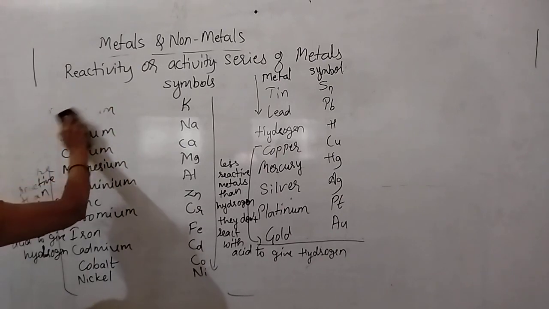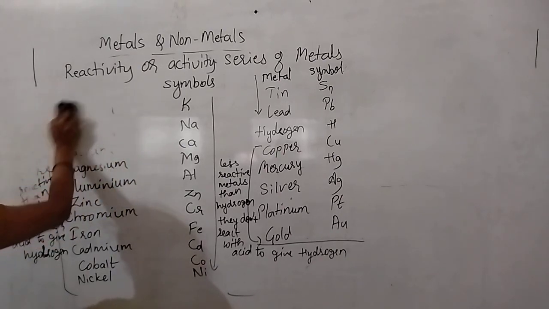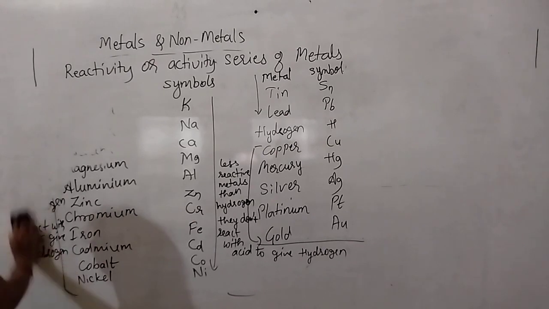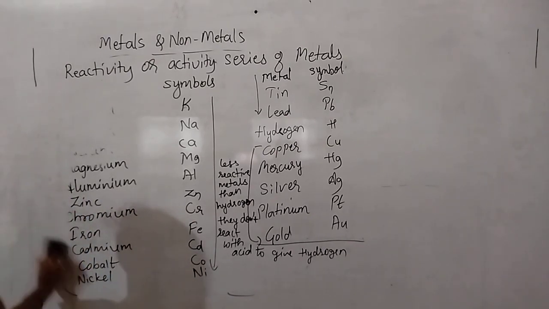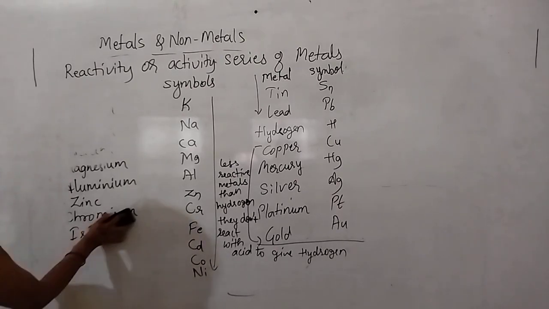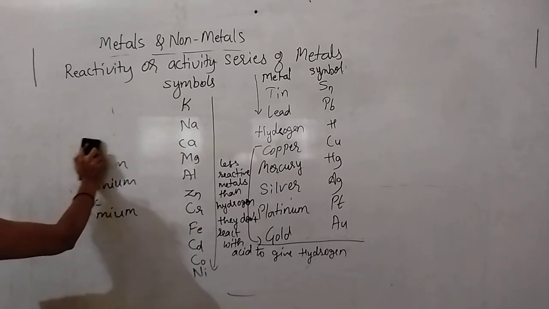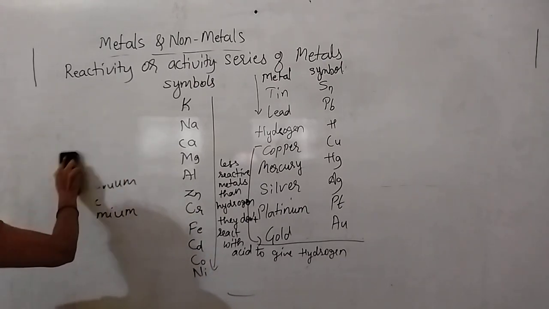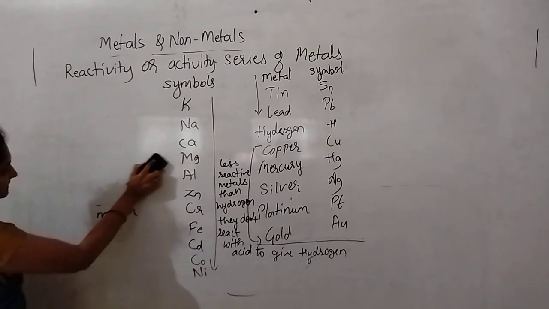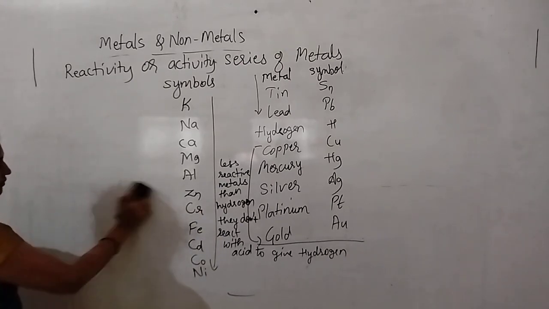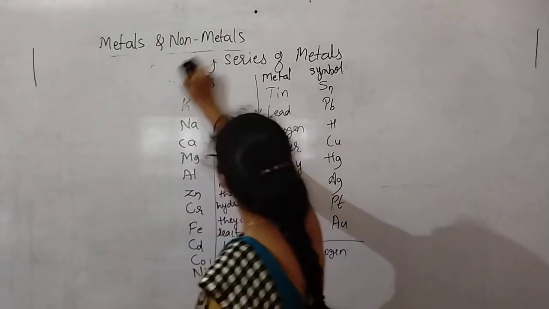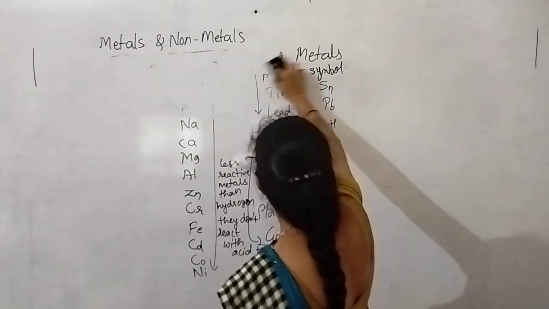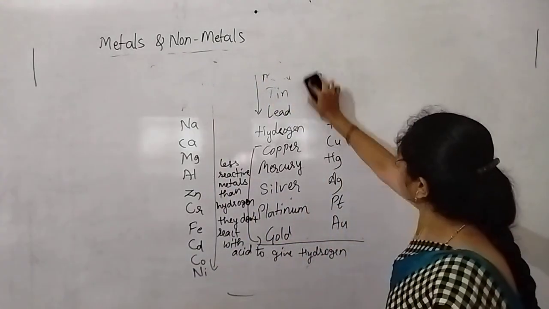Chemical properties of non-metals. We know that non-metals are very electronegative because they gain electrons in the outer shell to attain the noble gas configuration. All the non-metals gain electrons to complete their outermost shell and obtain a near noble gas configuration.